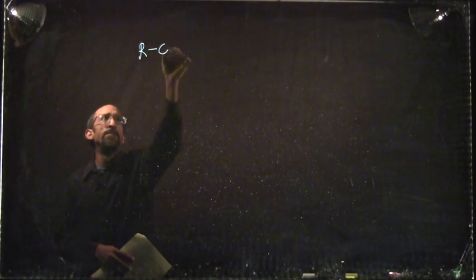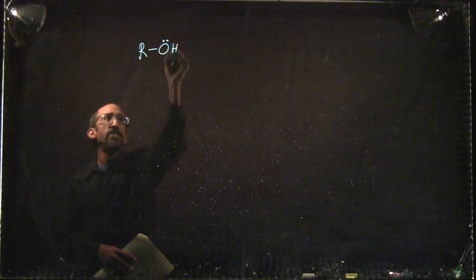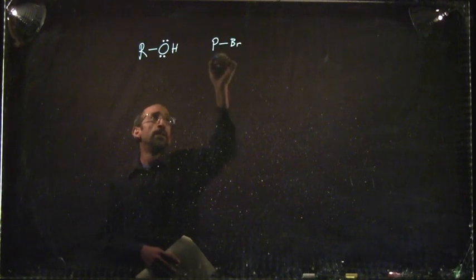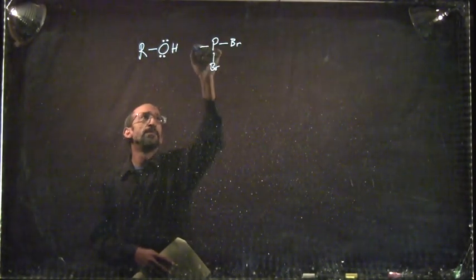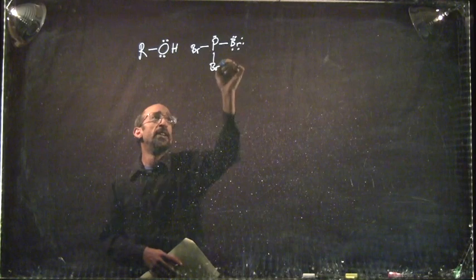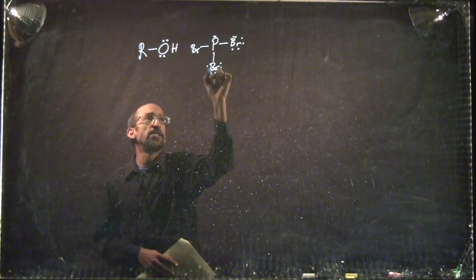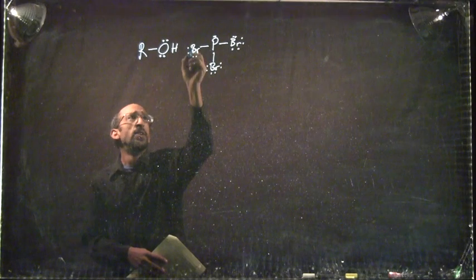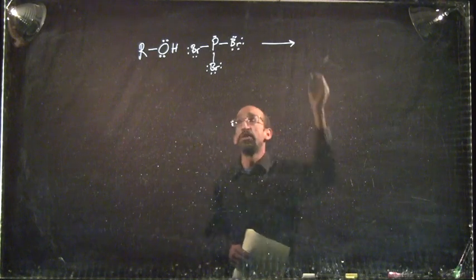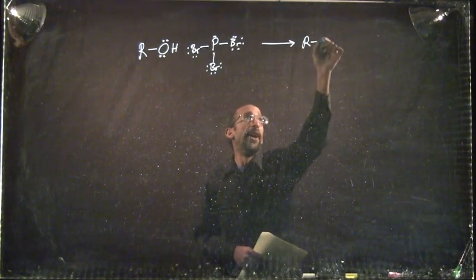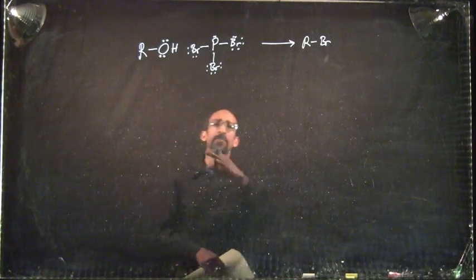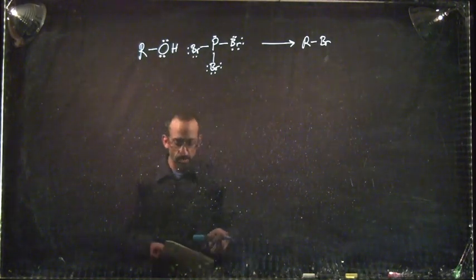If we treat an alcohol with a reagent known as phosphorus tribromide, PBr3, and I'm going to go ahead and put all of my electrons in so that we see the full Lewis structure of this reagent, that will result in us producing an alkyl bromide. And we'll see in part 2 how this reaction proceeds, the arrow pushing mechanism, and the byproducts that are produced.